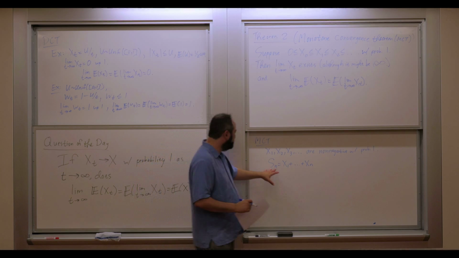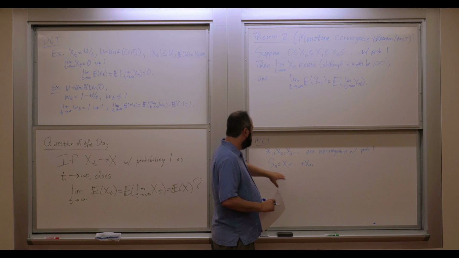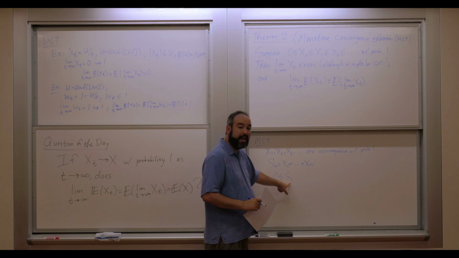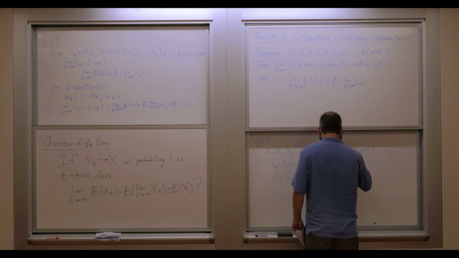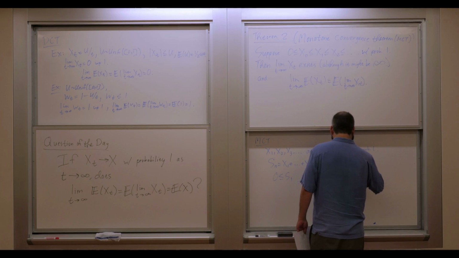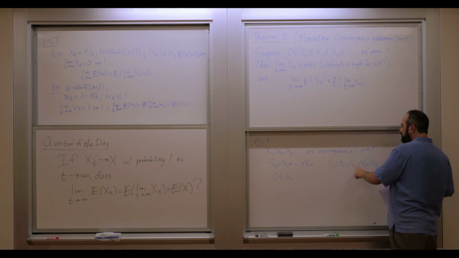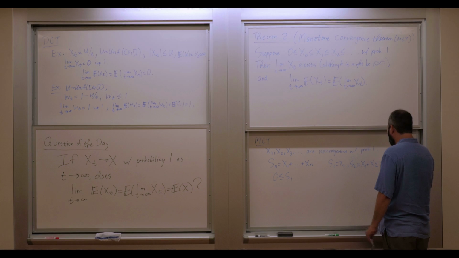Well, what do we know about these S of n? Well, S of 1 is certainly bigger than 0. But S of 1 is X of 1. S of 2 is X of 1 plus X of 2. So I took S of 1 and added X of 2 to it.